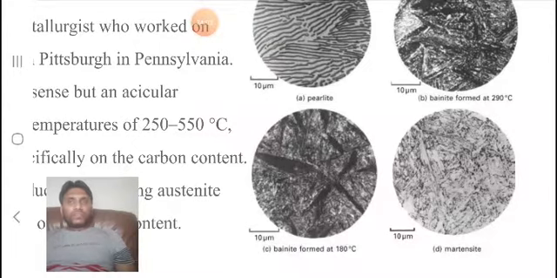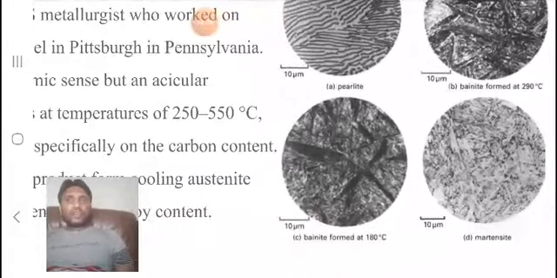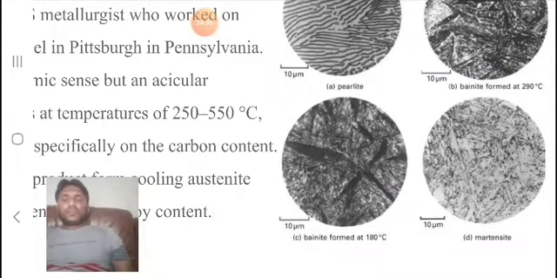In perlitic microstructure we have coarser perlite structure, fine perlite structure, another one is sorbite, and the fourth one is trustite. So these are the different microstructures of perlite, sorbite and trustite. And after trustite we have upper bainite, and then lower bainite, which is very fine, and then finally martensite.